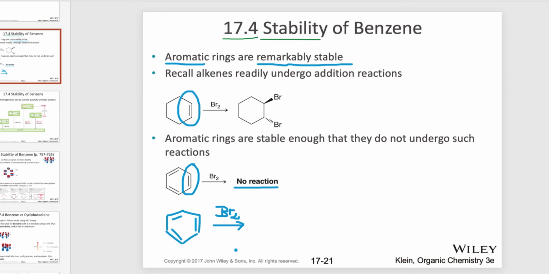Okay, and if there is a catalyst in here, so that's what the next chapter is mostly concerned with, such as FeBr3 would be one, there are many other ones, or AlBr3, you will get a reaction. And I'm going to put an exclamation point here.